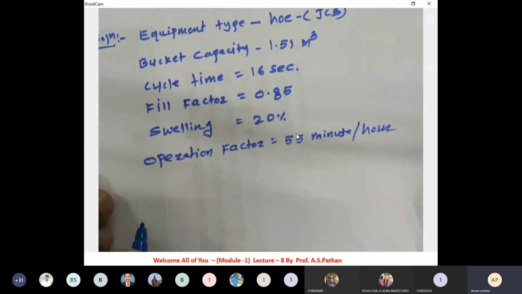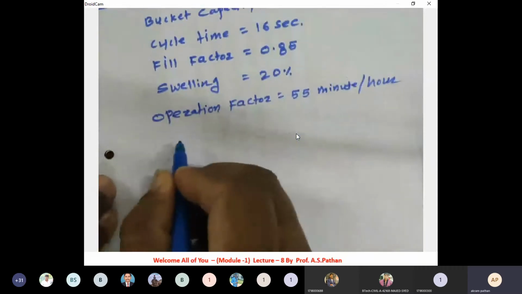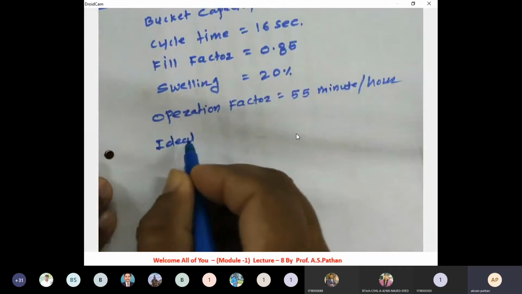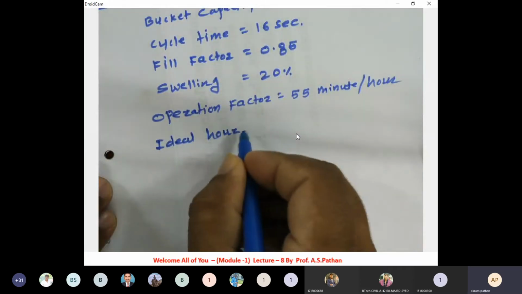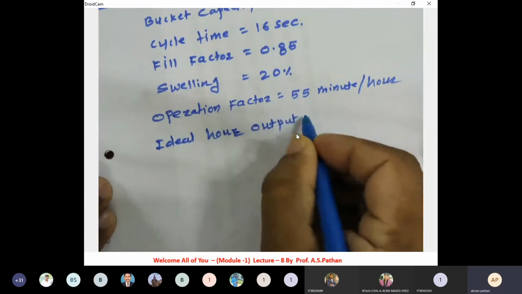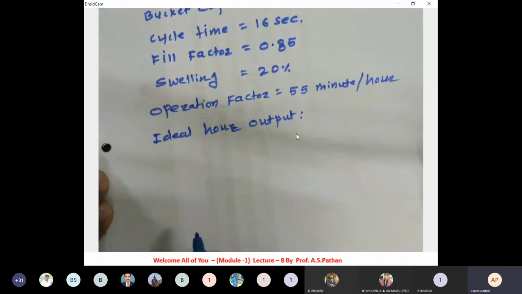Then we have to calculate the ideal hourly output. We have to calculate the ideal hourly output, right?